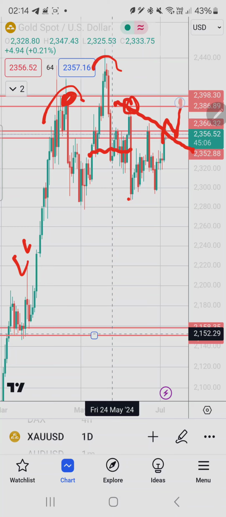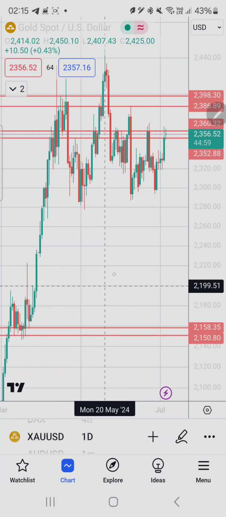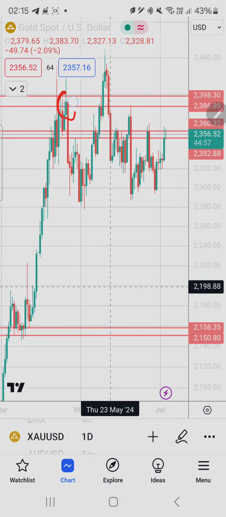So if it breaks, we know either it's going there or up, or it's coming back here. Another thing you have to understand: once this drags for $3 to $5 and retests like here, I am not going to take another sell here. Why? It's not a strong zone like before.